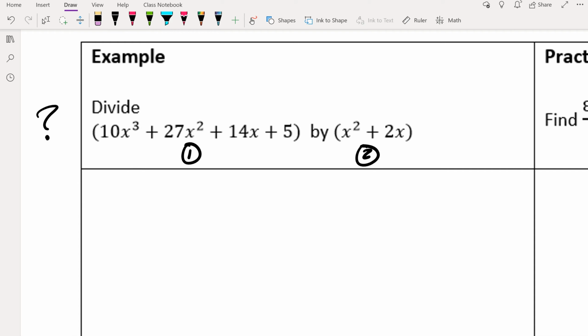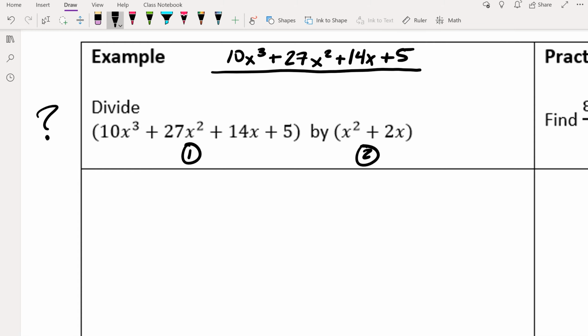So the first term goes on top. We're going to rewrite it so that it looks like what we want. It's 10x cubed plus 27x squared plus 14x plus 5, which is the same as that stuff divided by x squared plus 2x.